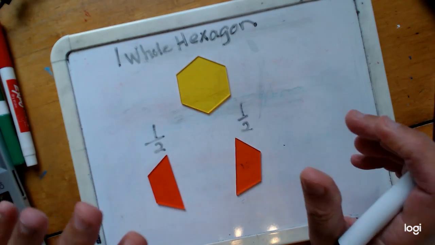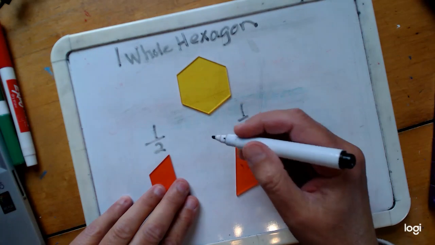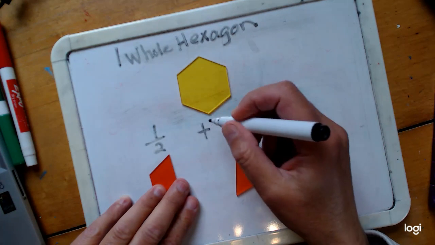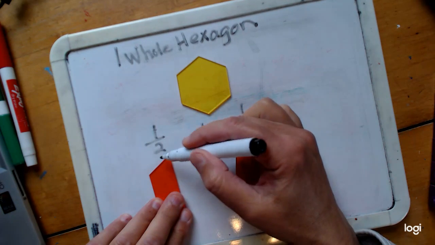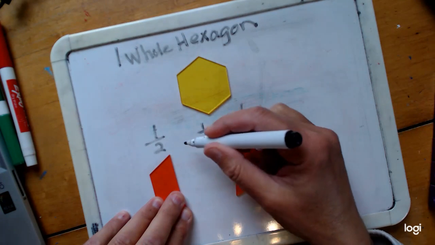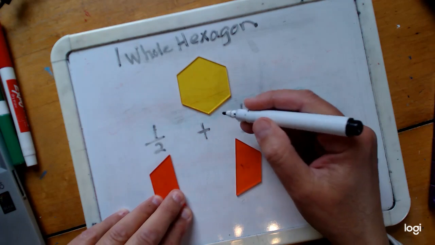Okay, and if we remember from our fraction bar slide, you can actually add 1/2 because this is one part of a whole, which is 2 parts. The denominator always tells you how many parts.